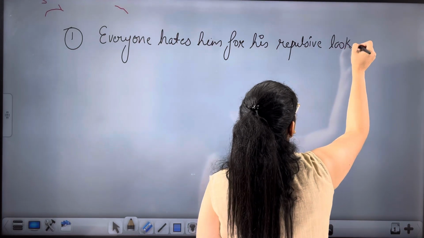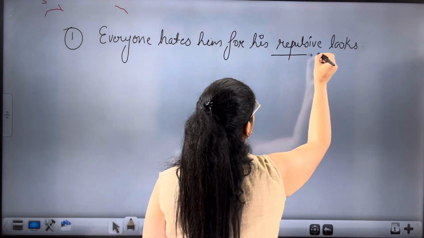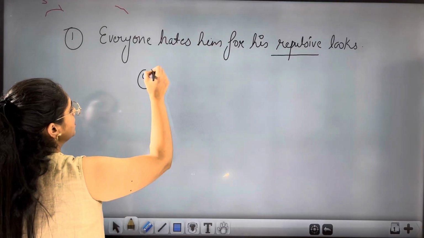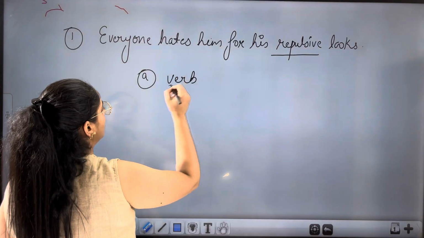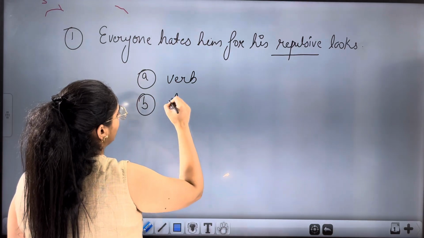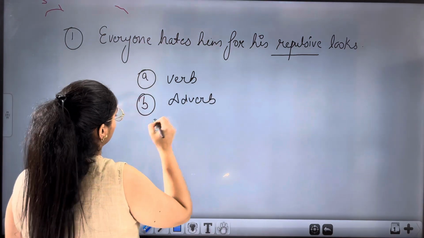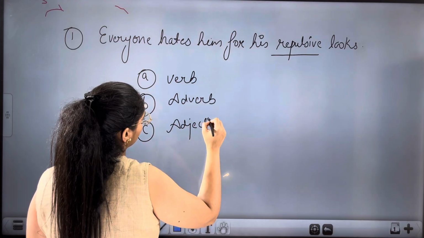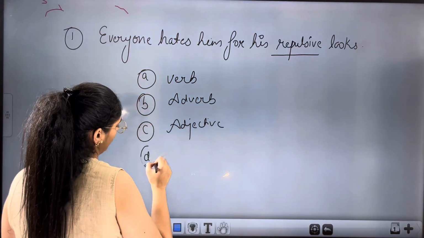Everyone hates him for his repulsive looks. And the word underlined is repulsive. You have been given certain options: verb, adverb, adjective, or noun.